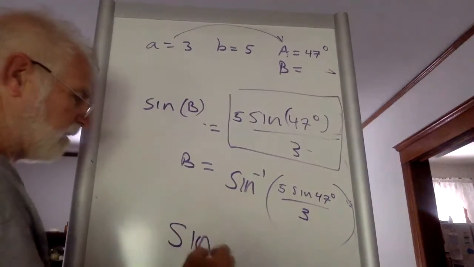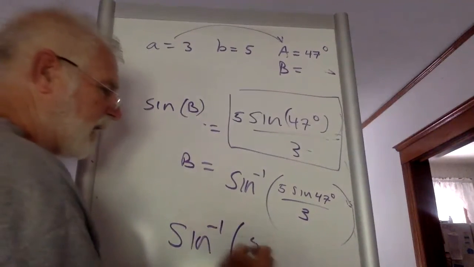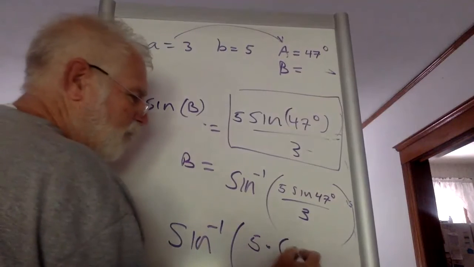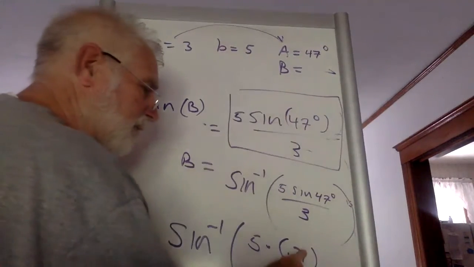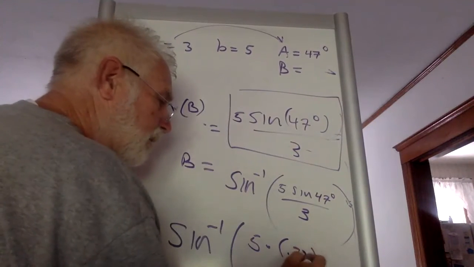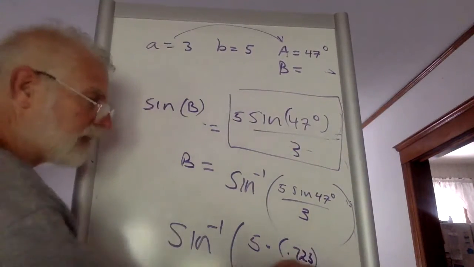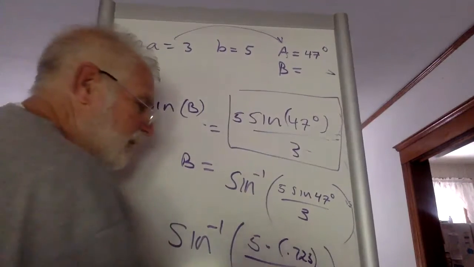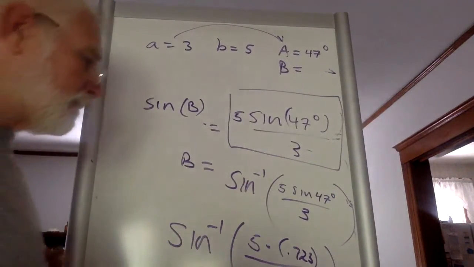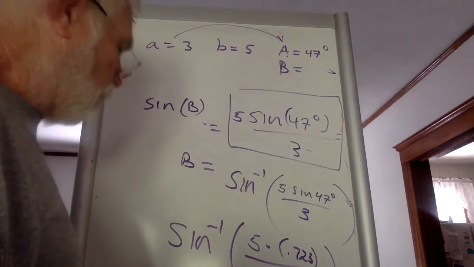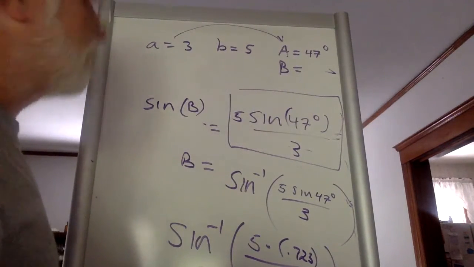So we'd go to the calculator and we would do 5 times, roughly 0.71. Obviously, sine of 47 is higher up, so it's probably 0.723. The calculator is going to give you that number divided by 3. And that baby is going to give us, I hope, a triangle that can be drawn.